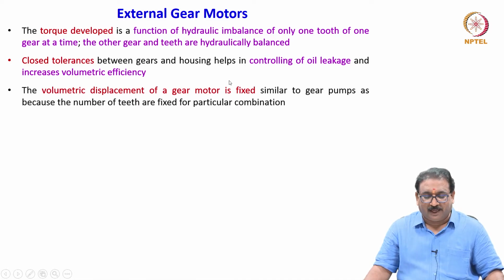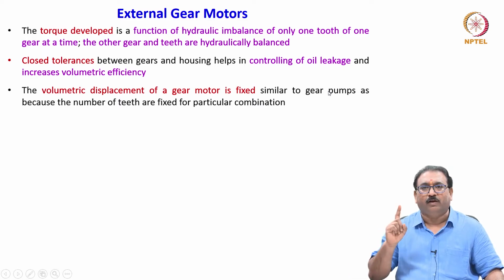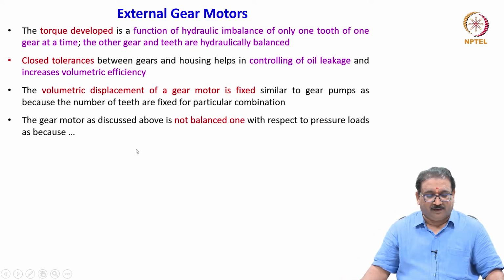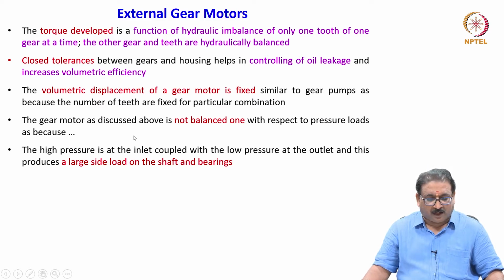The volumetric displacement of a gear motor is fixed, because the number of teeth on the gear is fixed for the particular combination. The gear motor, as discussed above, is not a balanced one with respect to the pressure loads, because the high pressure at the inlet coupled with the low pressure at the outlet produces a large side load on the shaft and bearings, and hence the efficiency will go down.